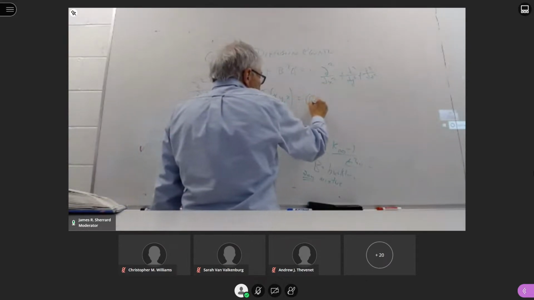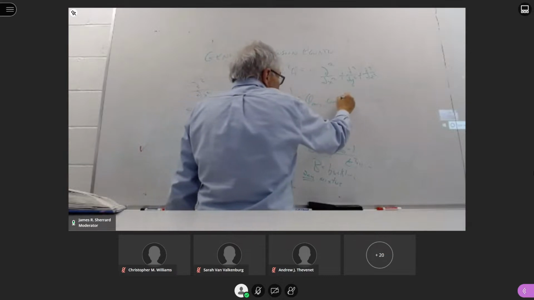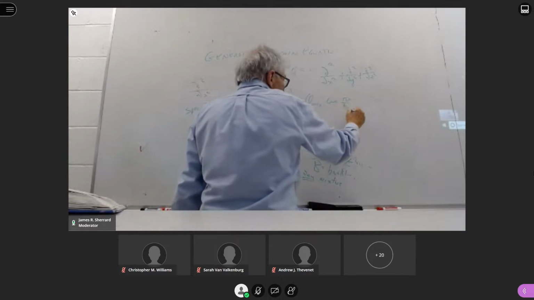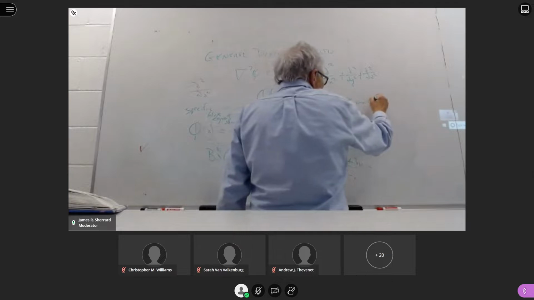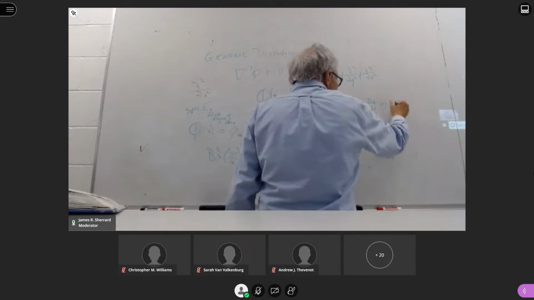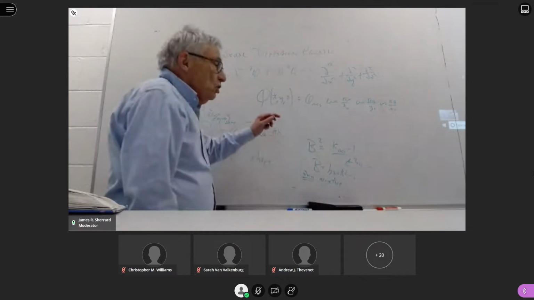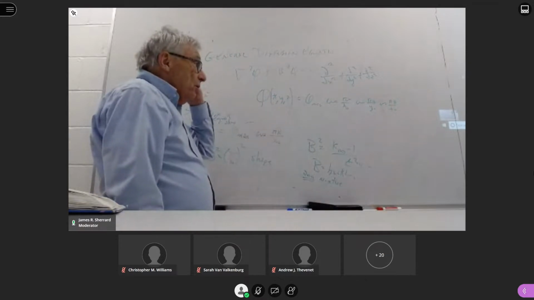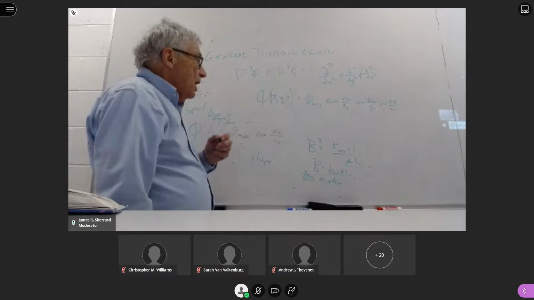And that's going to equal flux max cosine of pi x over x sub 0, cosine of pi y over y sub 0, cosine of pi z over z sub 0. So this is good for any particular rectangular solid.